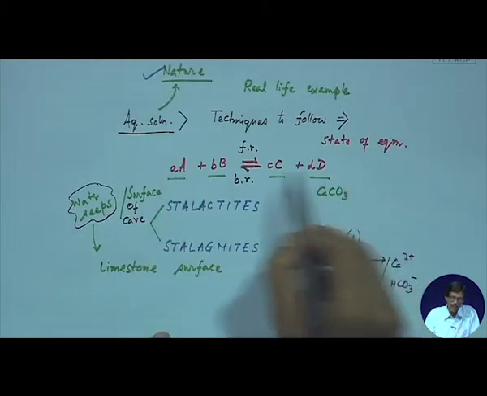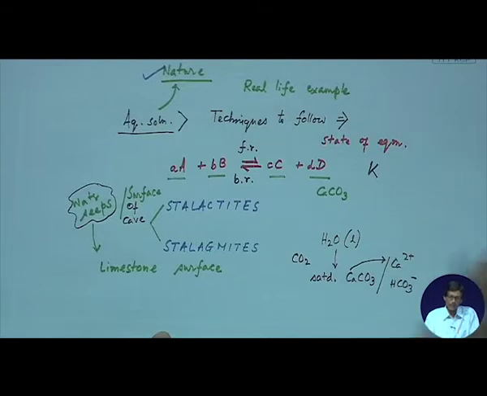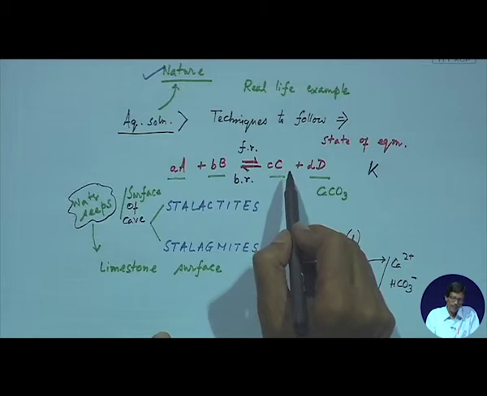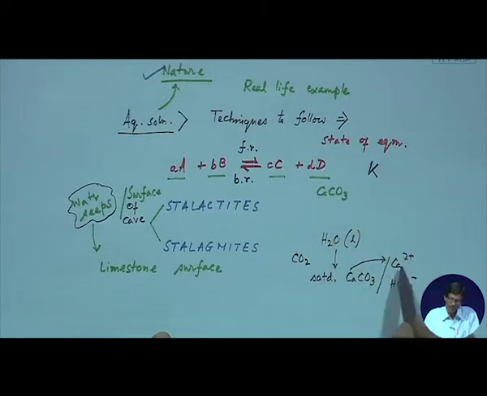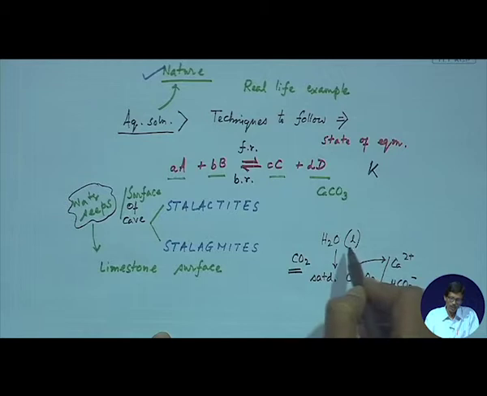Depending upon the magnitude of the equilibrium constant of the corresponding chemical equilibrium, we can have some idea of how much of C and how much of D is there, that means how much Ca2 plus and how much bicarbonate is there, because one of the components of that reaction is gaseous carbon dioxide, which is present in the environment or in the dissolved form in the liquid water.